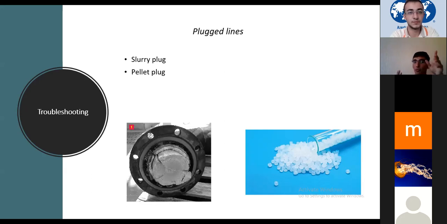So this high pressure on the pellets created a plugging problem, and in the bagging area we had to open the lines, dismantle them, physically take the pellets out, and then clean the lines finally. So this is the pellet plug issue we have.